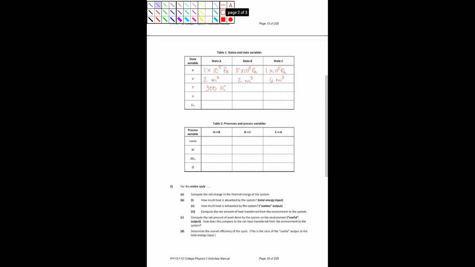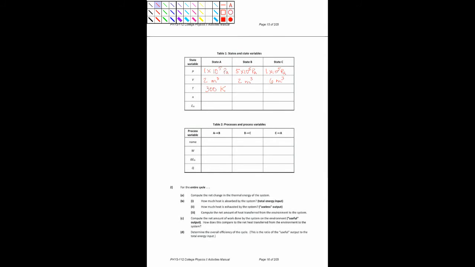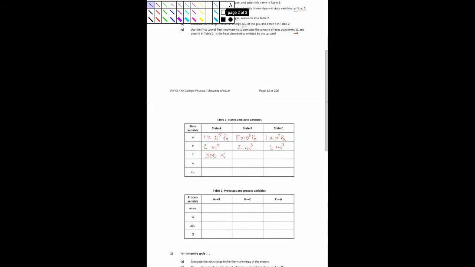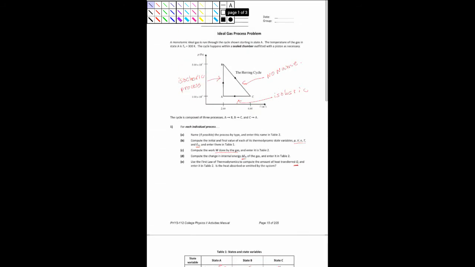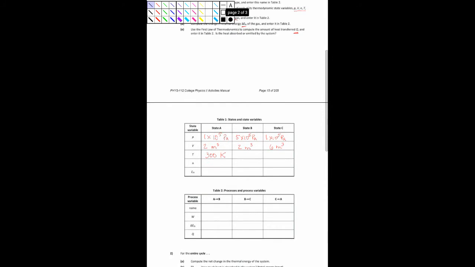Now basically we're going to fill up these two tables. I've already inputted some of the information from the graph, so all the numbers there in red represent the pressure and volume at the various states. And one other thing we were given in the problem, I'll go back to the first page, was the temperature at state A, which is 300 Kelvin. Alright, so let's go back here.